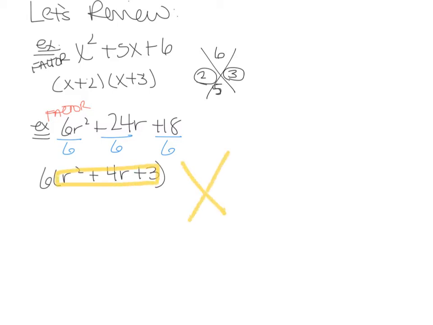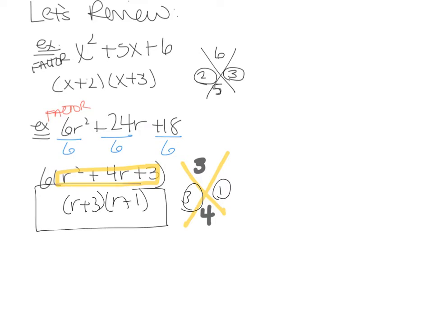So draw the X. 3 goes on the top, 4 goes on the bottom. I need factors of 3 that make 4. 3 and 1. So I have r plus 3 and r plus 1. If I circle this as my answer, I lose a point because I cannot forget to include my GCF in my final answer.